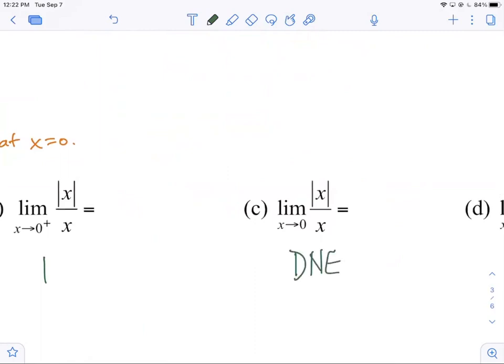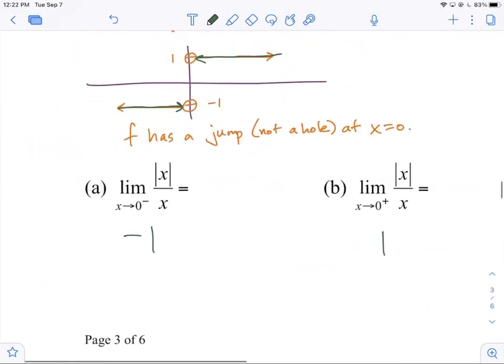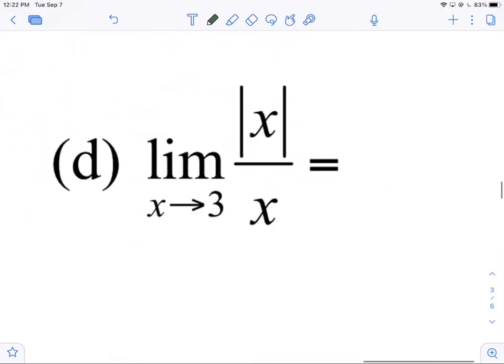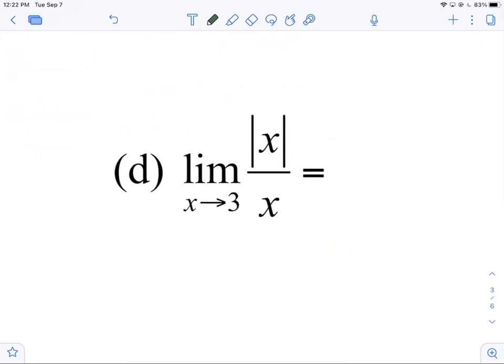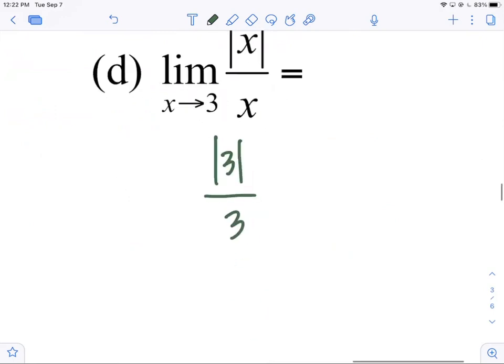Now, if it asks you to justify, which it doesn't here, but if it did, you would just say, since 1 doesn't equal -1, as long as you had these two one-sided limits already calculated and labeled. Okay, sweet. What would be the general limit at 3, though? 1. Direct substitution, right? Never not first.